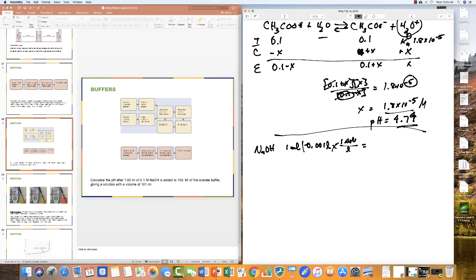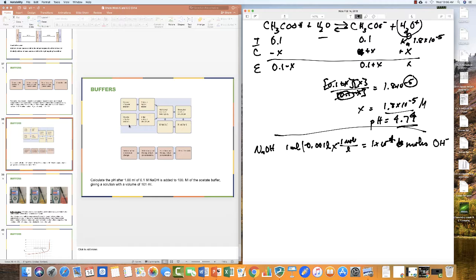So we ended up adding 1 times 10 to the minus 4 moles of hydroxide in the form of sodium hydroxide. So that's how much you're adding.